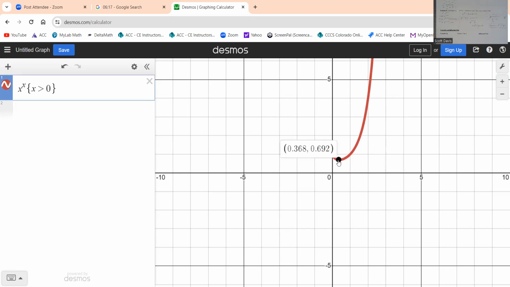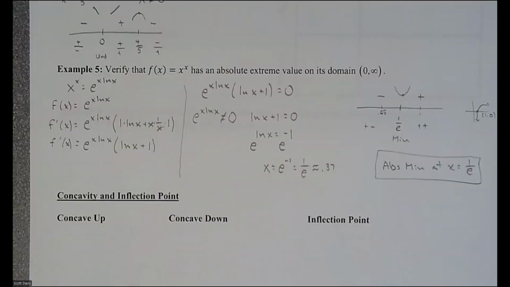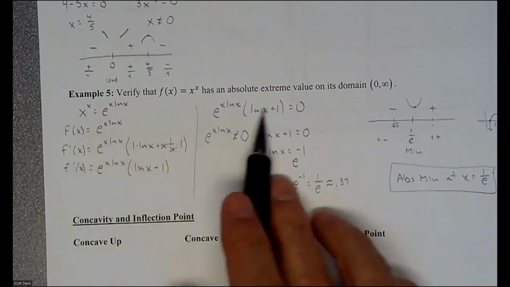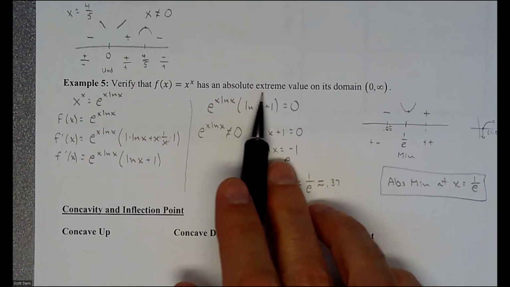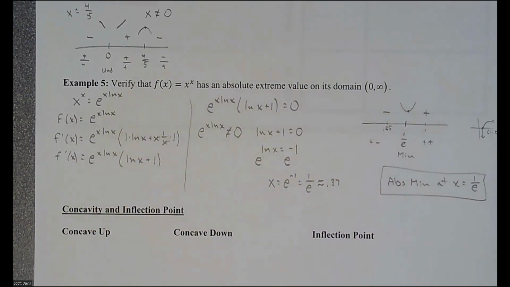And if I click on that, there's that decimal where we had our 1 over e. So there's our minimum. We have negative slopes to the left, positive slopes to the right. And so we had to have a minimum at that spot. All right, so that is using the derivative to figure out where you have some absolute extremas on a little bit more complicated looking equation.